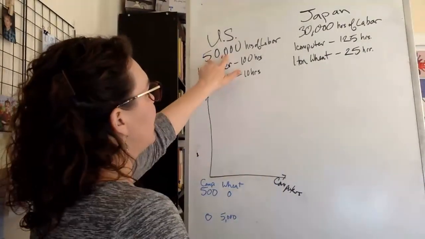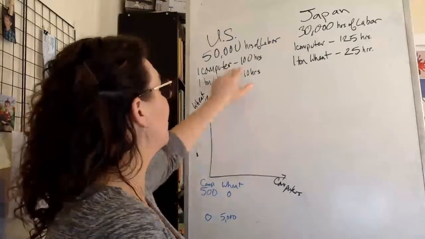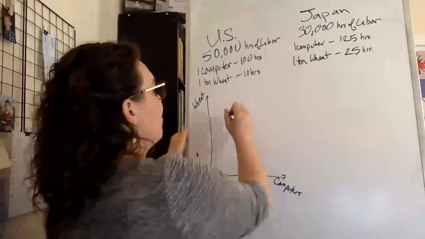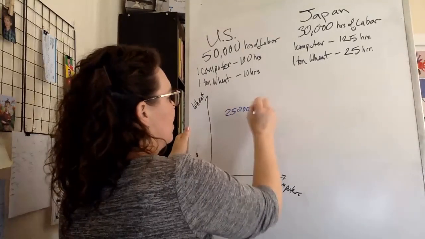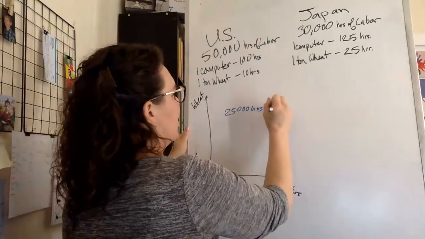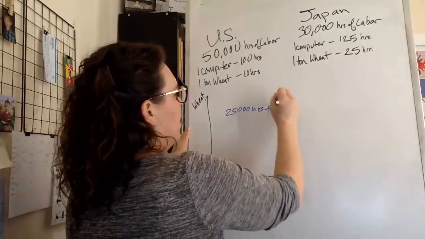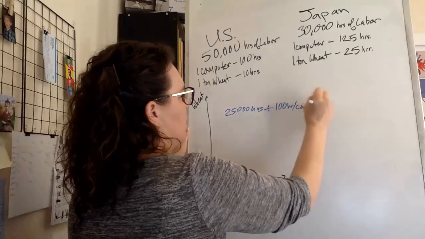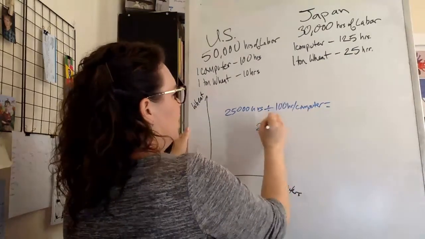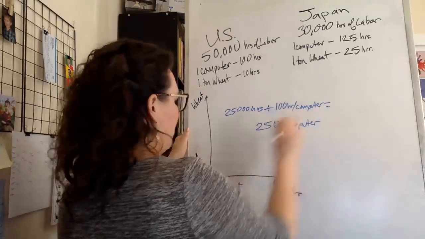So if I split the labor and spend 25,000 hours of labor on making computers, 25,000 hours divided by 100 hours per computer gives us 250 computers, right?